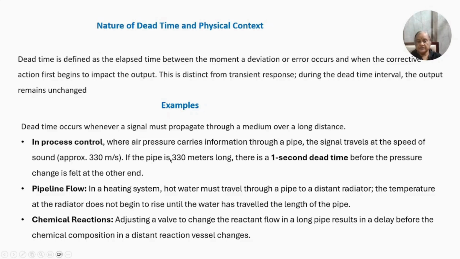If the pipe is 330 meters long, then there is a 1 second dead time before the pressure change is felt at the other end.